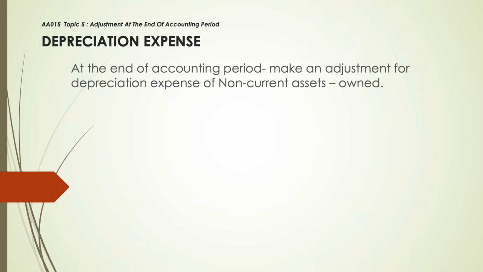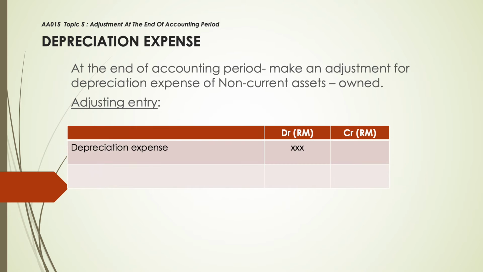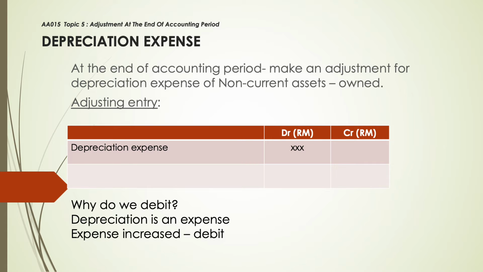The journal entry will be debit depreciation expense. Why do we debit depreciation? We debit depreciation because depreciation is an expense. Expense increase, we debit. Part by part, the cost of the asset is treated as an expense over the useful life of an asset.